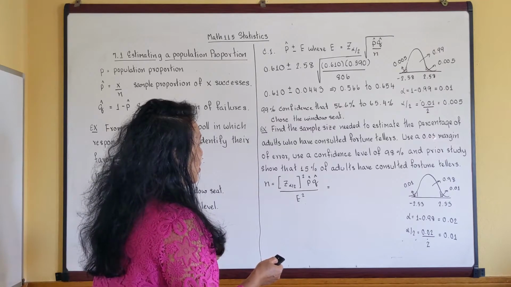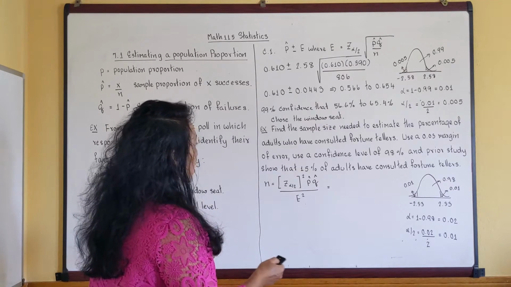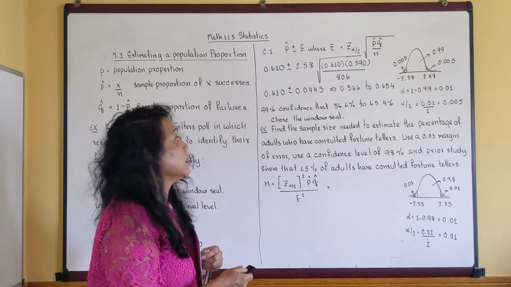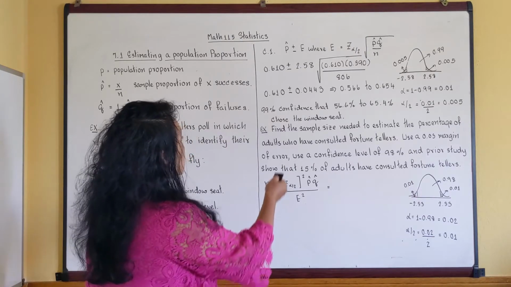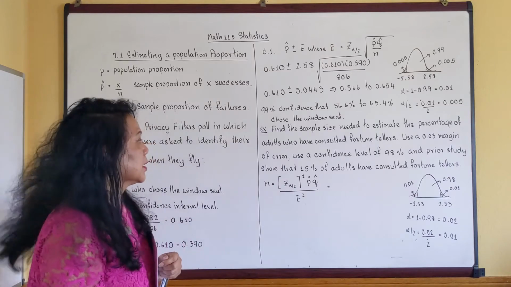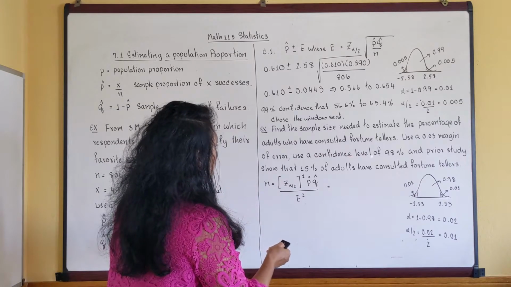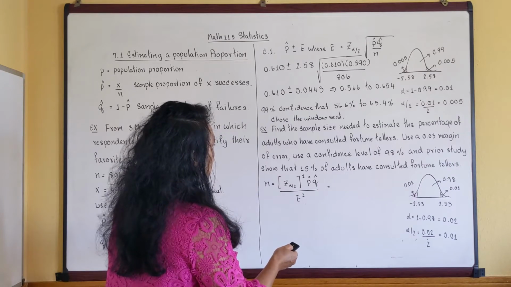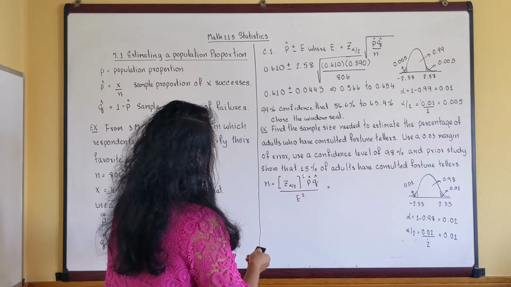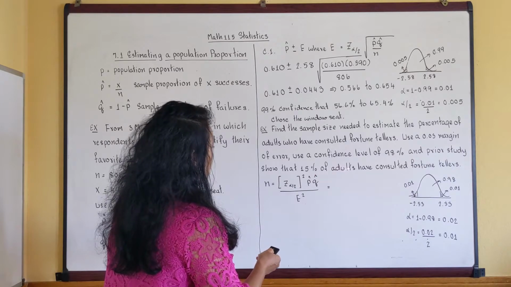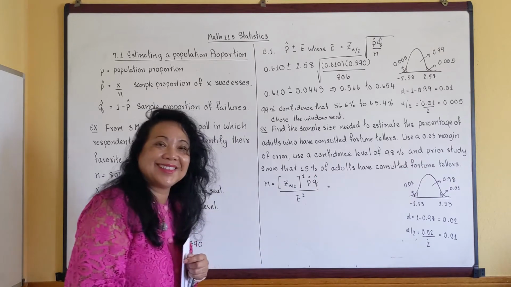Use a 0.03 margin of error. Margin of error here is E, capital E. Use a confidence interval of 98%, and a prior study showed that 15% of adults have consulted a fortune teller.